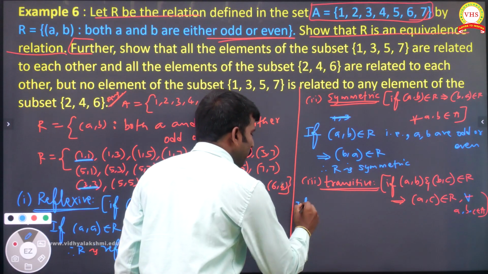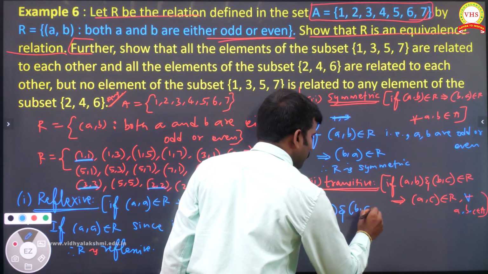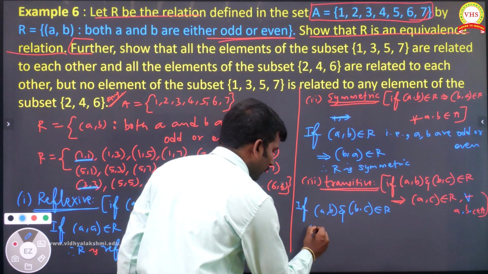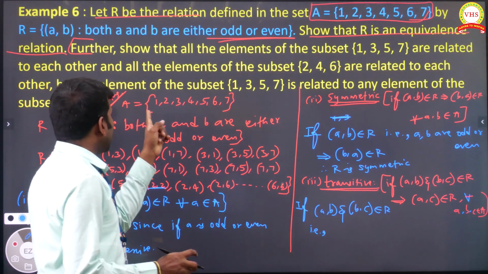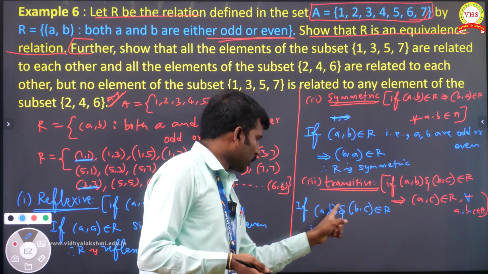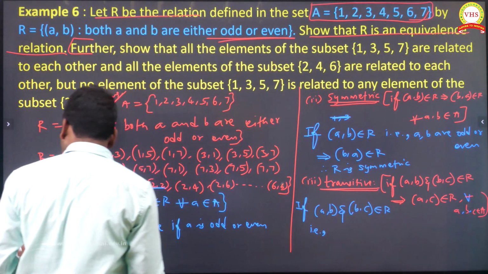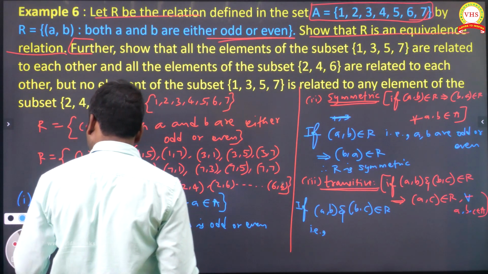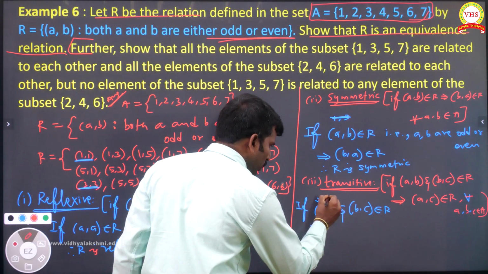See, suppose I'm taking (a, b) and (b, c) belong to R, what is the meaning of this line, children? It's satisfying: a is odd, b is odd. So, suppose b I'm taking odd, then c will also be odd. Listen carefully here. Suppose a I'm taking as 3, b should also be odd.